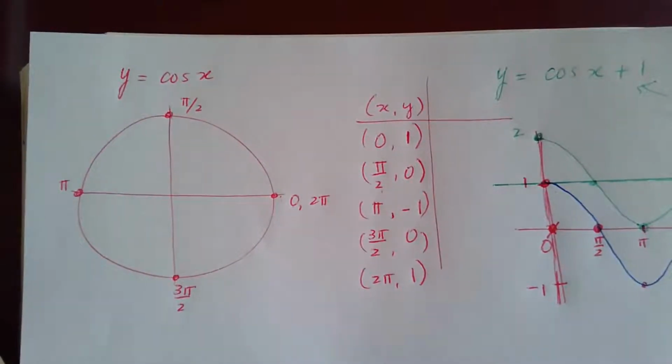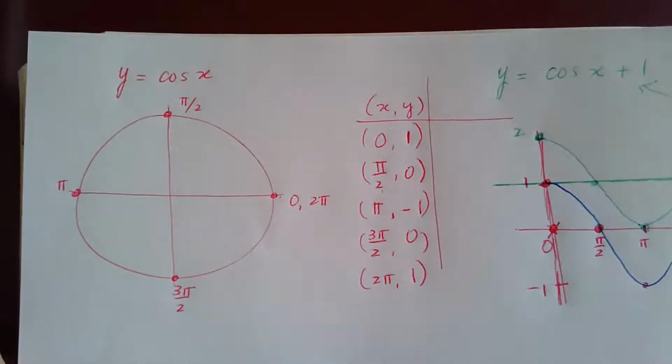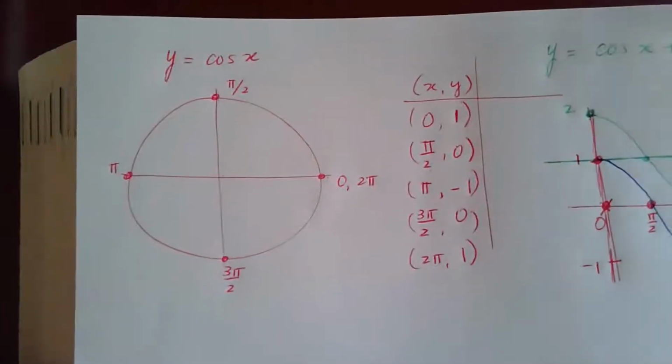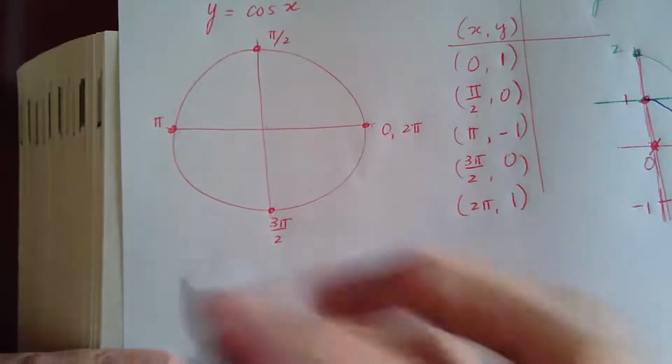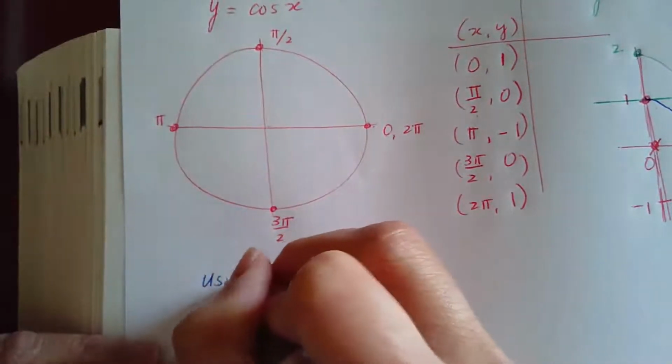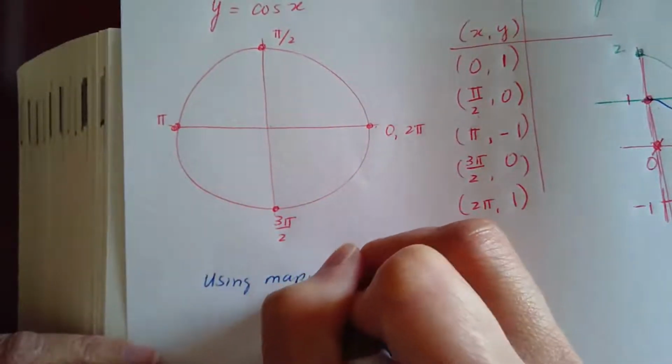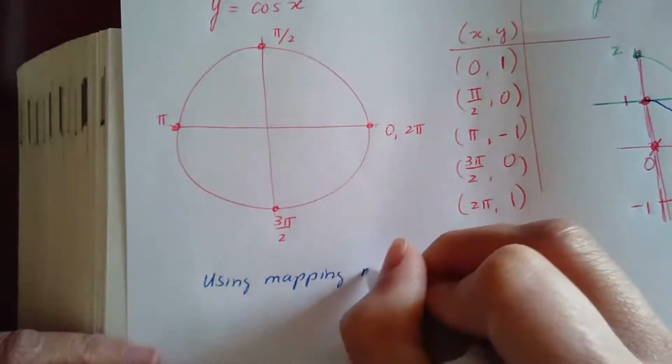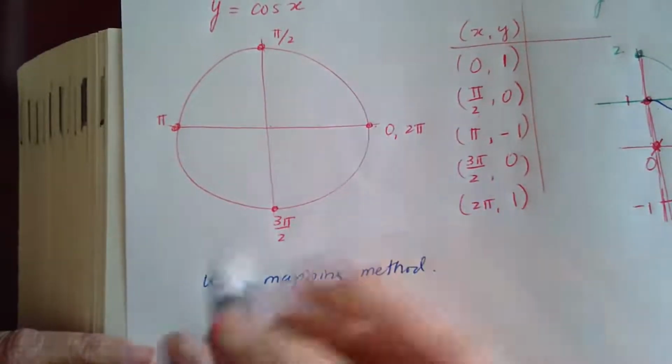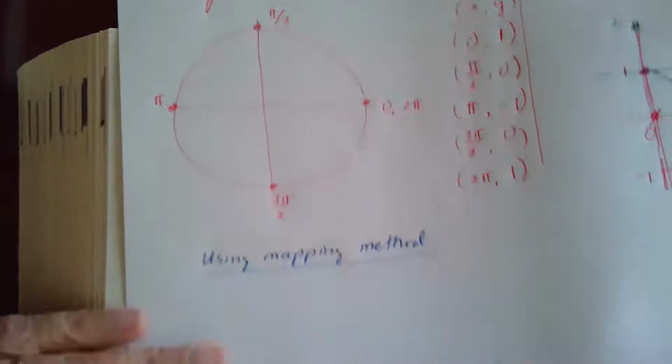Now, another possibility, and maybe some of you have tried it in a slightly different way because we've done transformations before. This is one strategy. What if we do a mapping method? We could surely do that using a mapping method.